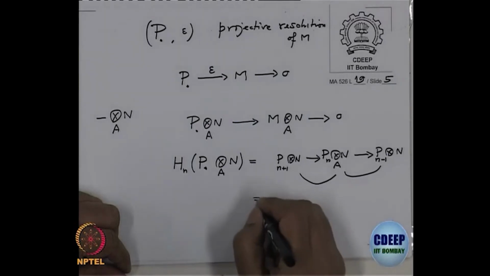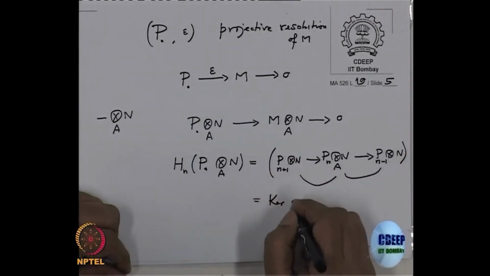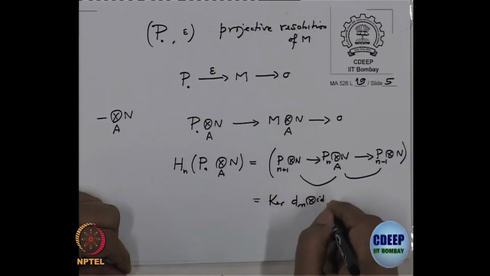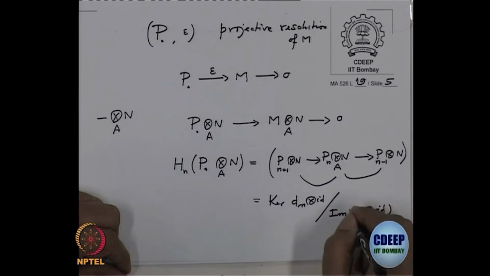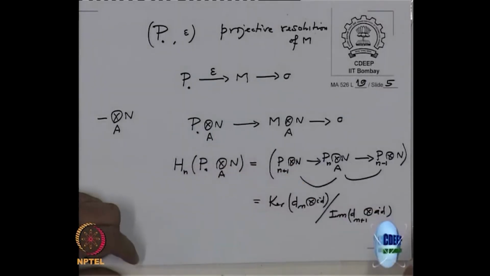So, this is kernel of Dn tensor identity mod image of Dn plus 1 tensor id. This is the nth homology of this resolution.